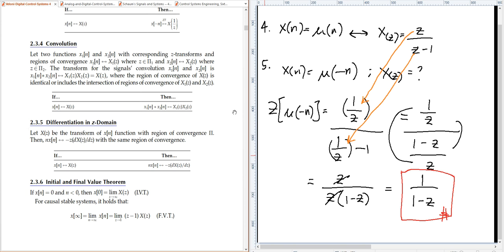Let X(z) be the transform of x[n] with region of convergence phi. Then n x[n] is equal to negative z dX(z) over dz, with the same region of convergence.